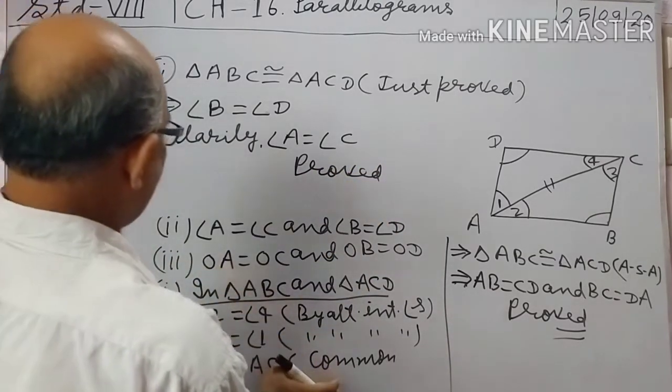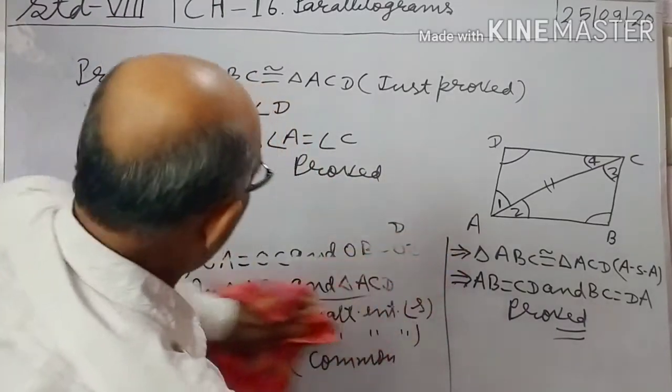Now proof 3. Diagonals bisect each other.